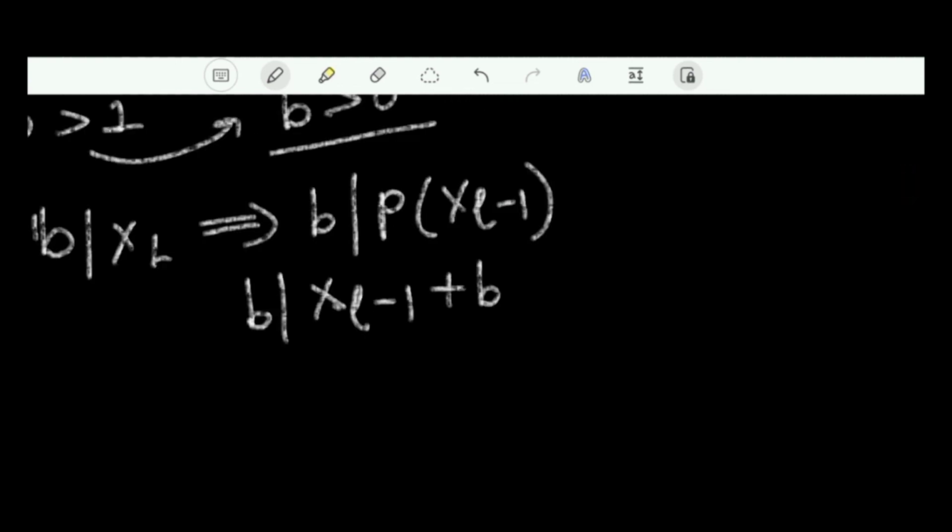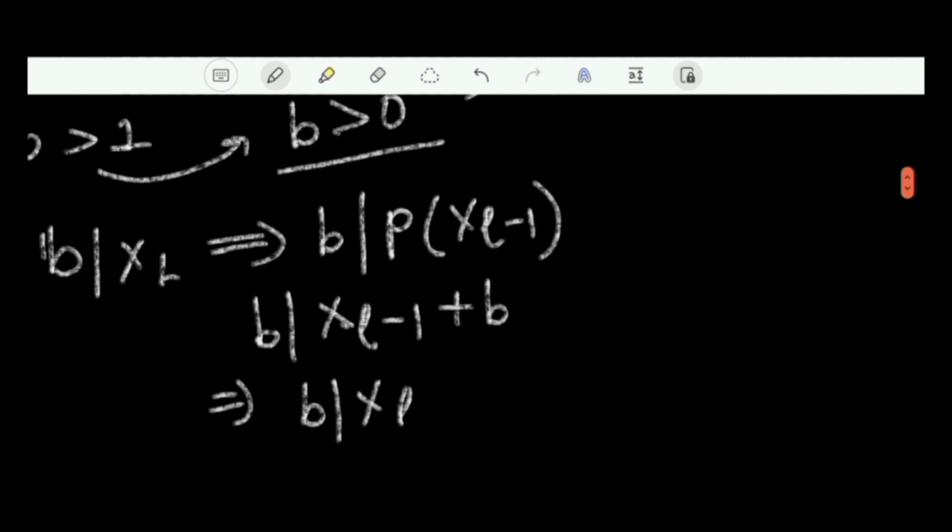So this implies that b divides xl minus 1.